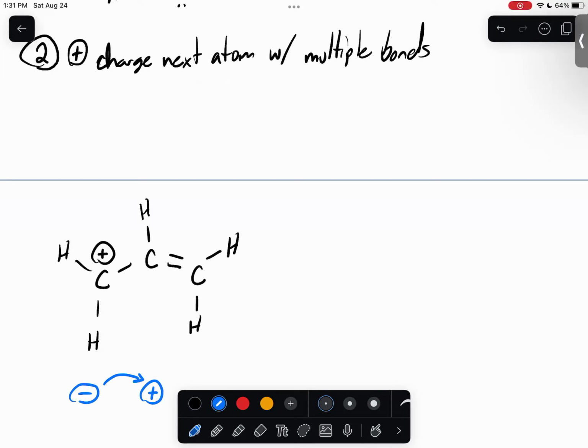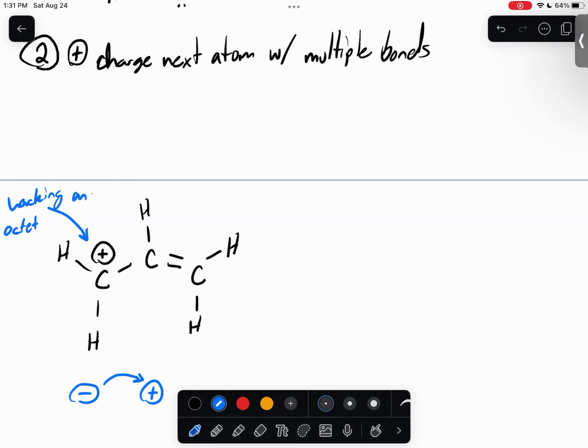Because if we think about what this positive charge means, this carbon right here is lacking an octet. And so with that, it's not very happy, right? It doesn't like not having an octet because it only has six electrons around it. And those six are in the three bonds because each of those bonds contribute two electrons. So there's clearly no electrons on that carbon to give.